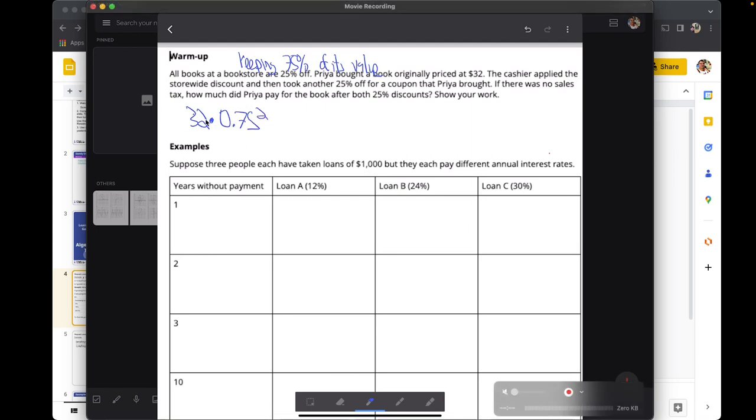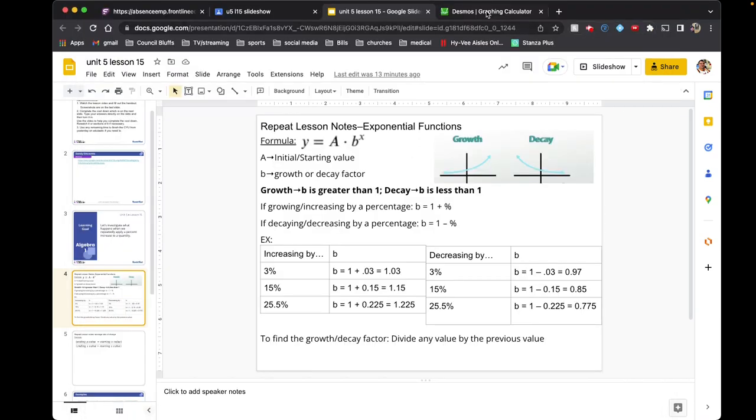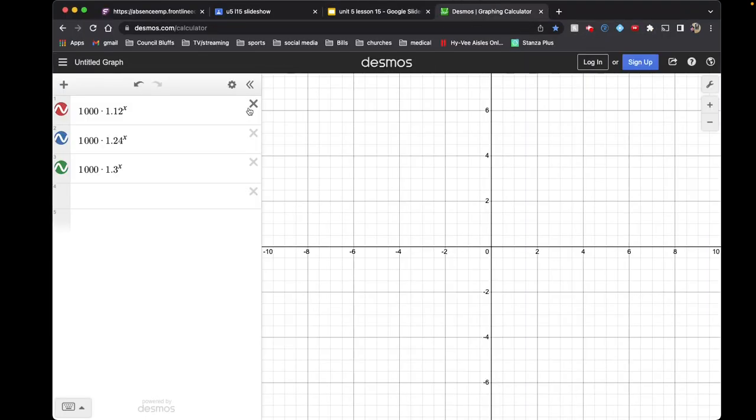So our answer is going to be 32 times 0.75 squared. All right, so I'm just going to put that in Desmos. Okay, 32 times 0.75 squared.